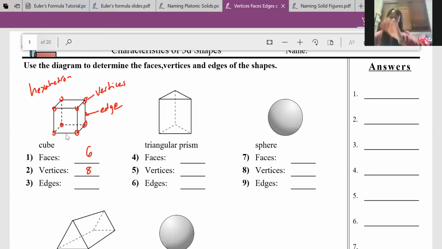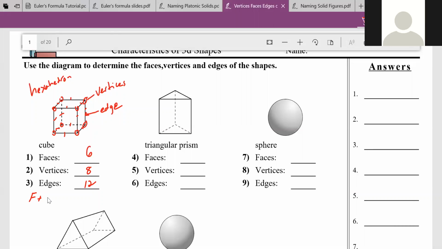And then the edges are where 2 faces meet. On the bottom, you'd of course have 4 edges. You go around it, you have 4 more, and then 4 more edges on the top for a total of 12 edges. So this is Euler's formula, and you can write this formula different ways. One way you can write it is faces plus vertices minus 2 equals edges.